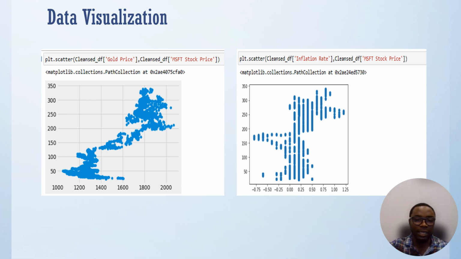So there's a linear trend. Also looking at inflation and the Microsoft stock price, it seems like a linear relationship too. With low inflation, the price is low; the higher the inflation, the higher the stock price.